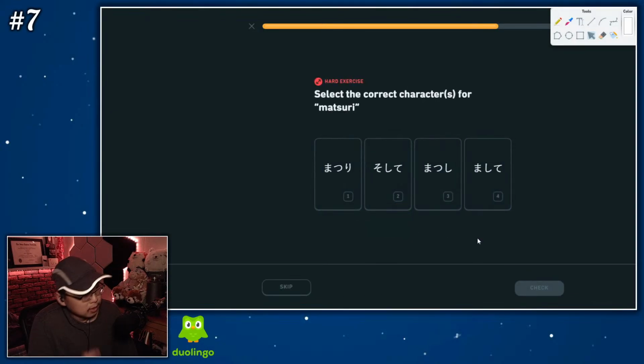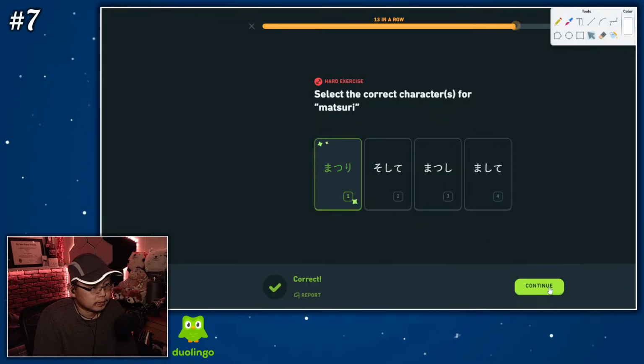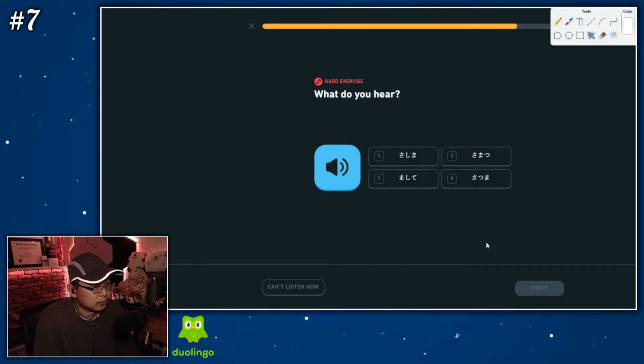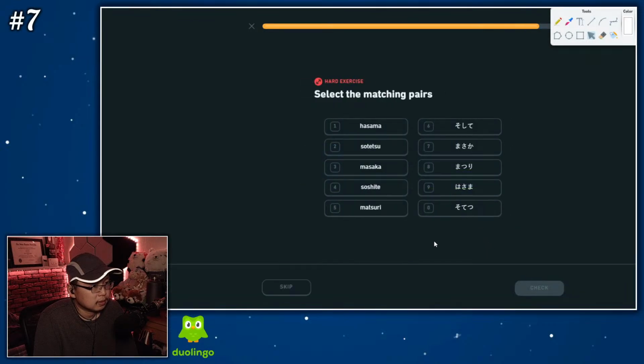Okay. Matsuri. Satsuma. Soshite. Yeah, soshite. Masaka. Matsuri. Sorry, Matsuri.